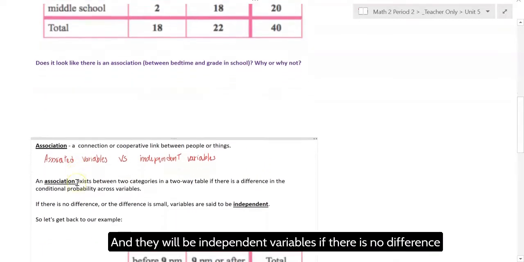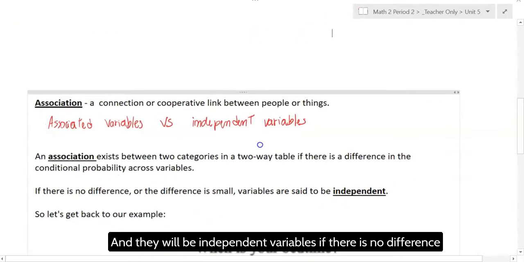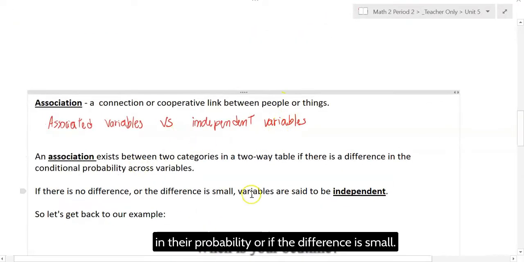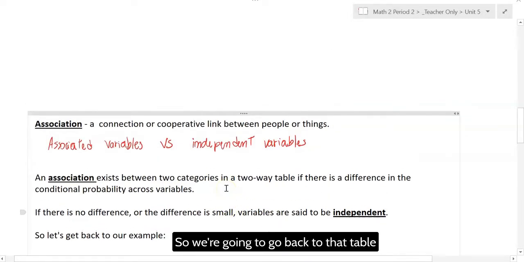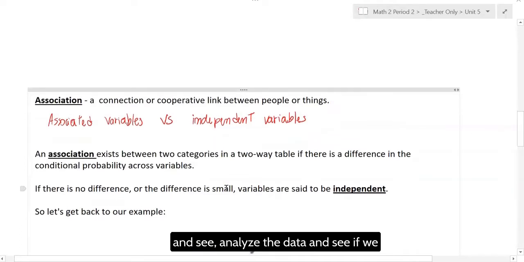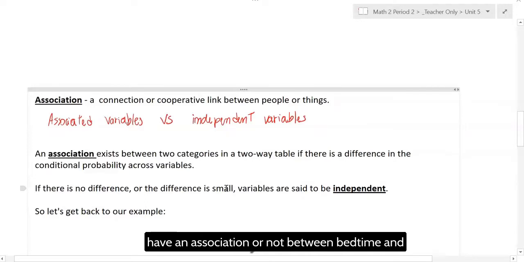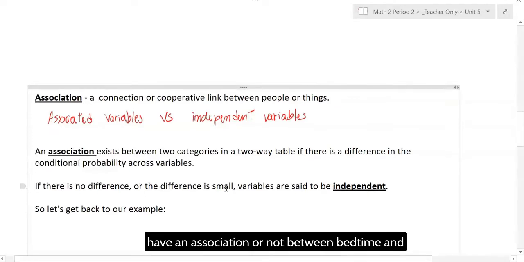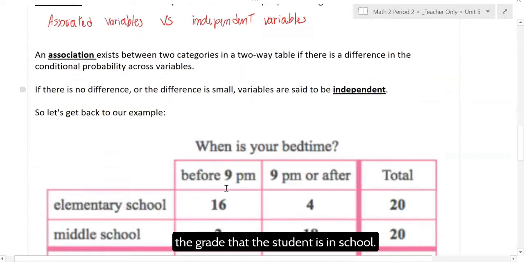They will be independent variables if there is no difference in their probability or if the difference is small. So we're going to go back to that table and analyze the data and see if we have an association or not between the bedtime and the grade that the student is in school.